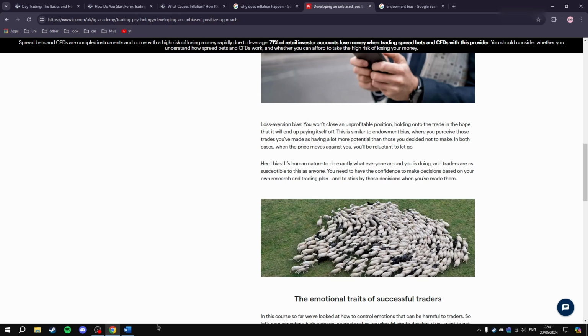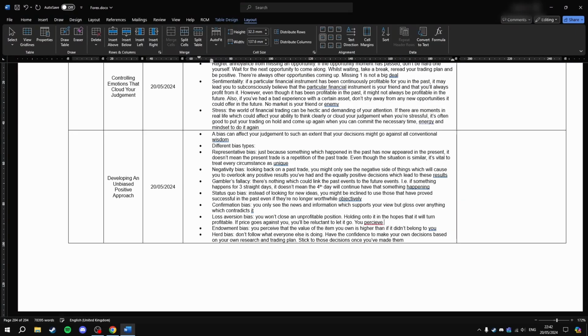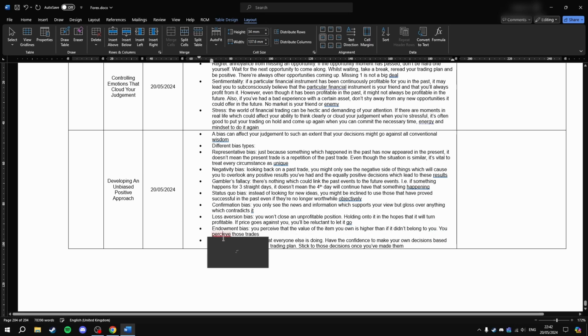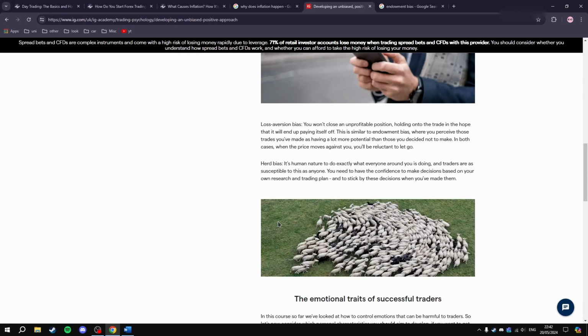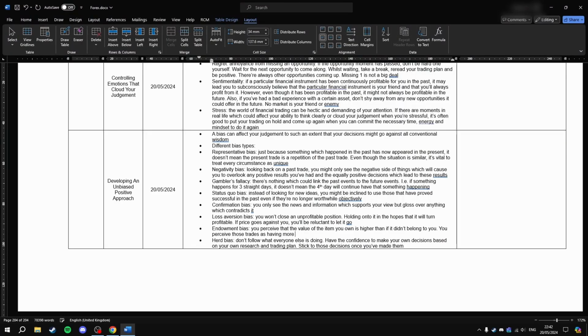So you perceive those trades you've made as being more valuable, as having more potential than those you decided not to make.